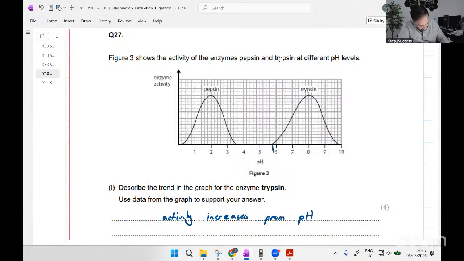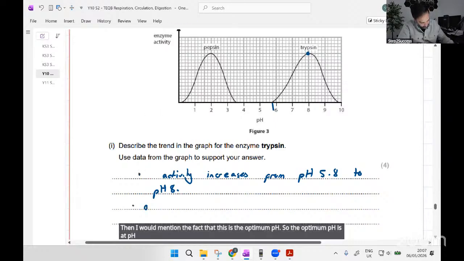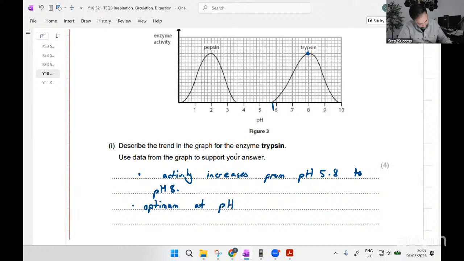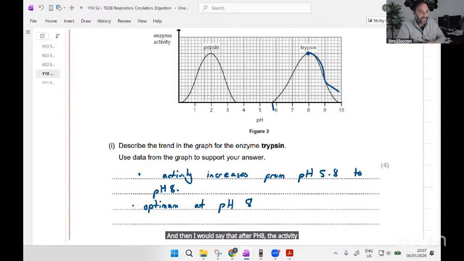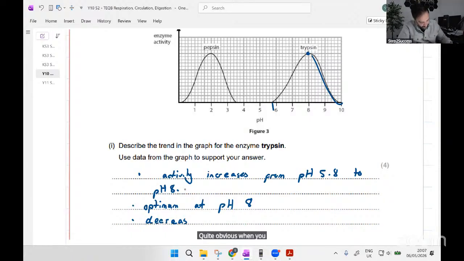Then I would mention that this is the optimum pH, so the optimum pH is at pH 8. And then I would say that after pH 8, the activity decreases, between 8 and 9.8. Quite obvious when you see the answer written down. You're just saying what you see.